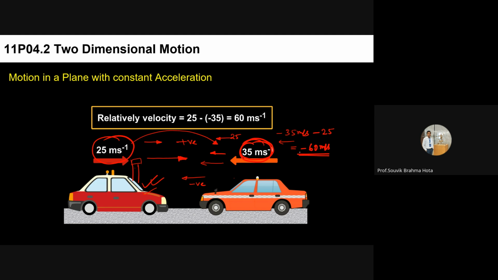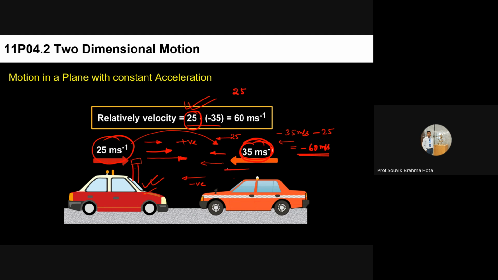Now, I am sharing another concept. If you do not consider this type of concept, simply by vector concept, 25 is positive, because we consider this direction positive.